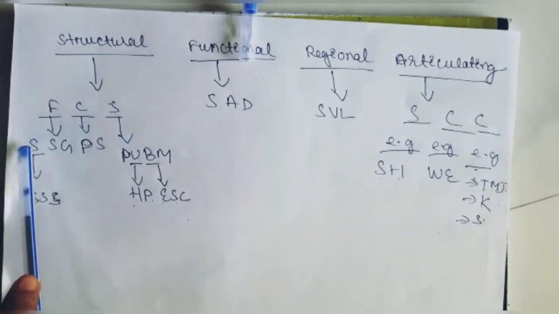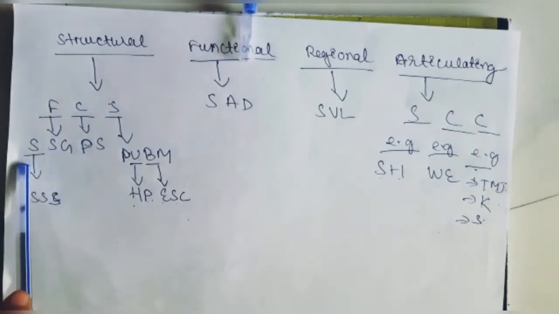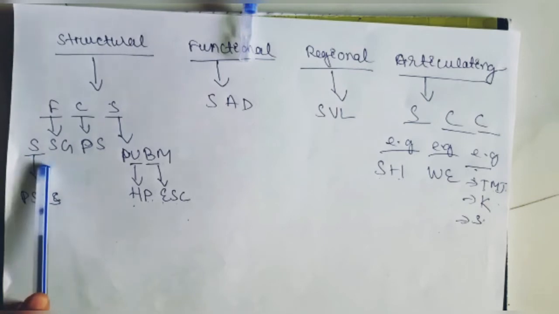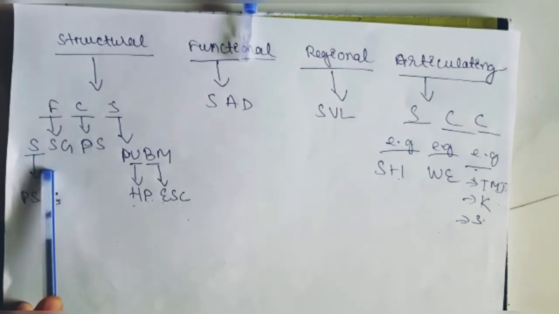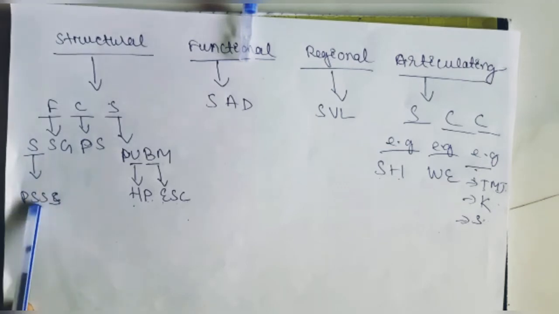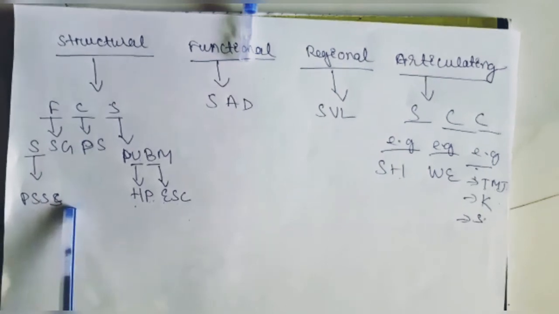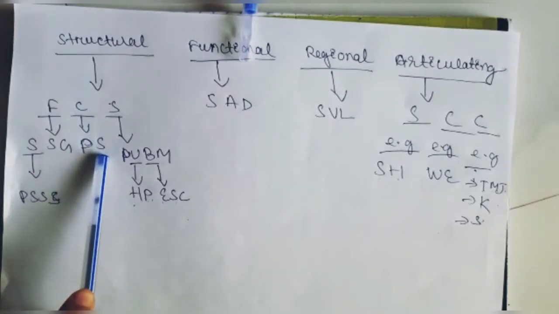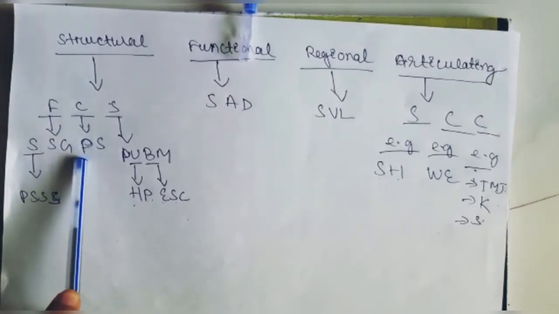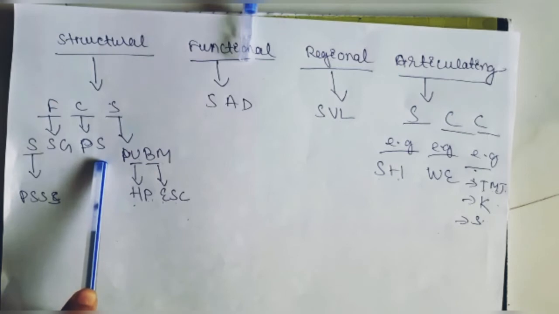Fibrous joint is again divided into three types: suture, syndesmosis, and gomphosis. Suture is again four types. I have already explained: PSSS, P triple S, P for plain, serrate, squamous, and syndesmosis. Cartilaginous joints are again two types: P and S. You can say primary cartilaginous joint and secondary cartilaginous joint.